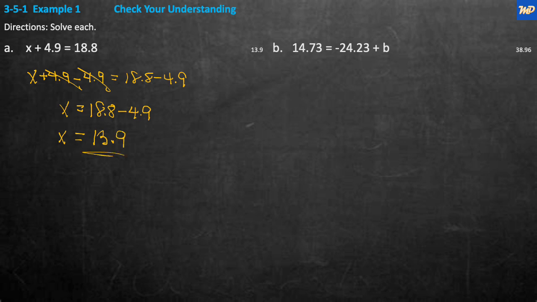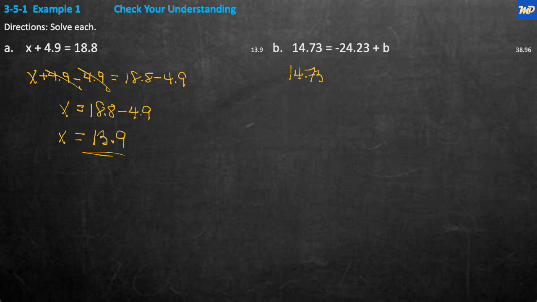Okay, on the other side here, on the B side, we have 14.73 equals B minus 24.23. So we're going to have to add to get rid of that because we want to get the B by itself. I'm doing these all in one shot.